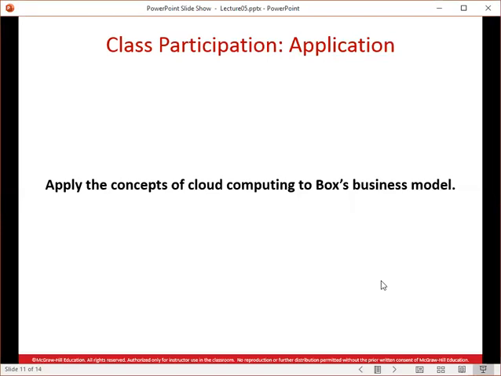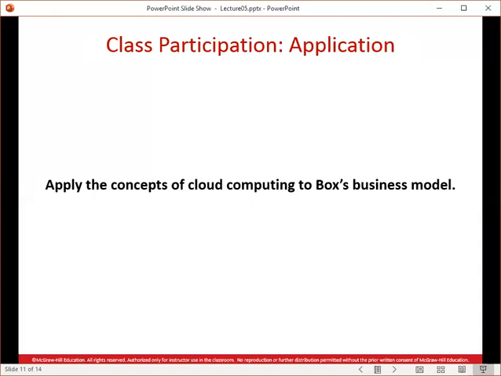So apply the concepts of cloud computing to Box's business model. Marketing materials continually promote new technologies that promise to change the way businesses operate. Unfortunately, these devices rarely live up to the hype, but in this case, cloud computing may be one new development that actually has lived up to its hype.